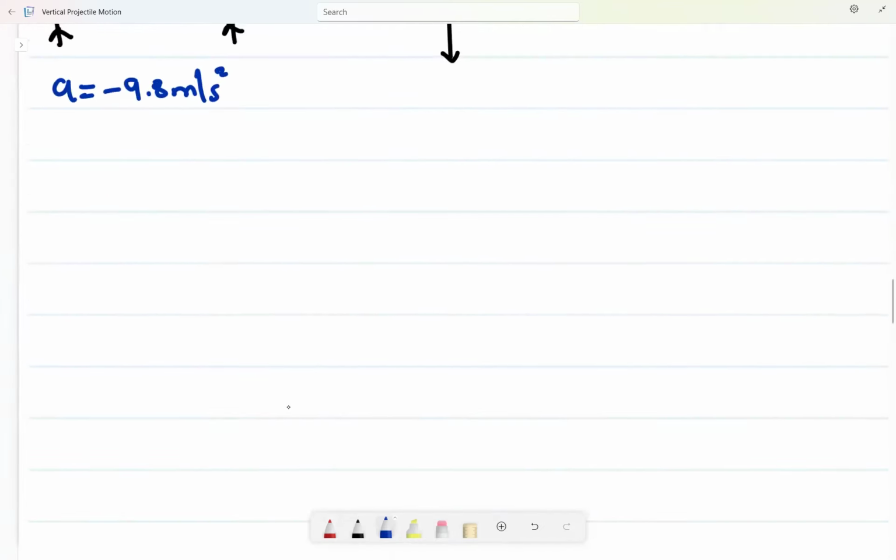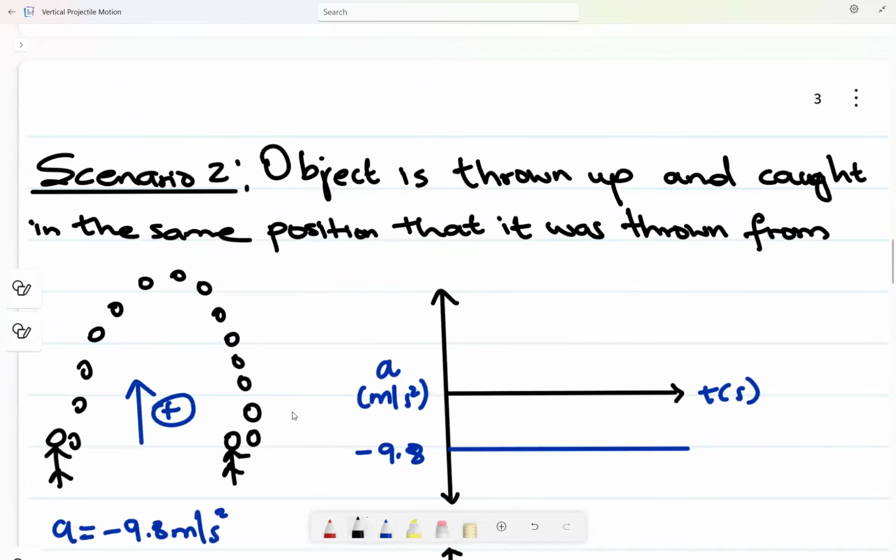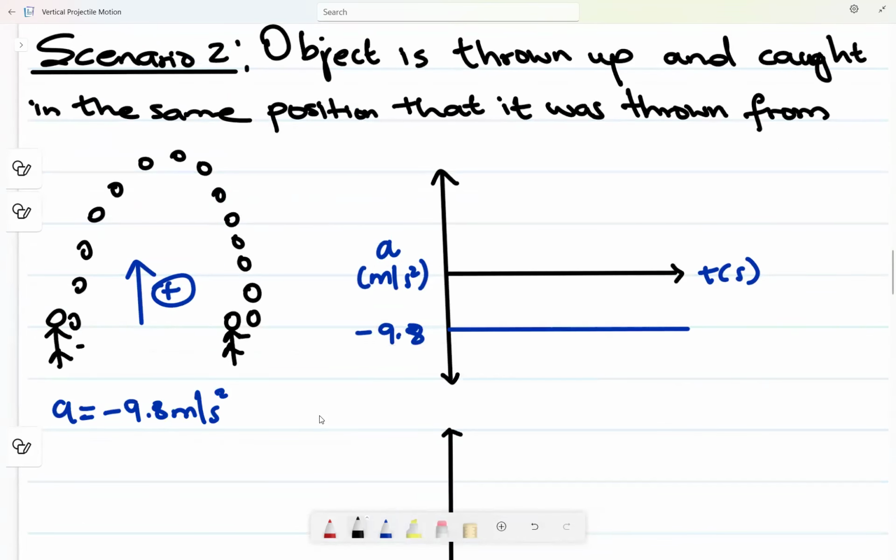Now, I come back and say, okay, let me draw the position-time graph. Why am I choosing this axis like this? Because now, can you see, it started from that height and it came back to that initial height.